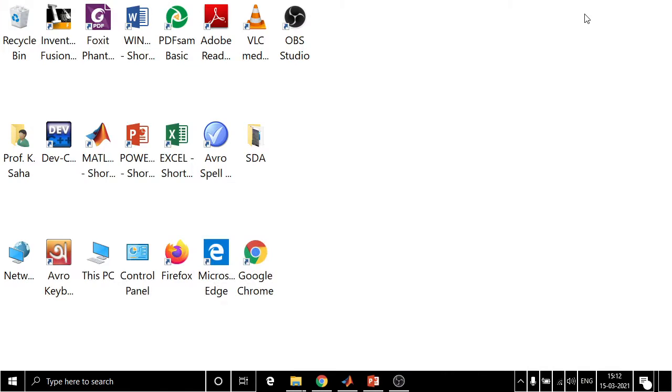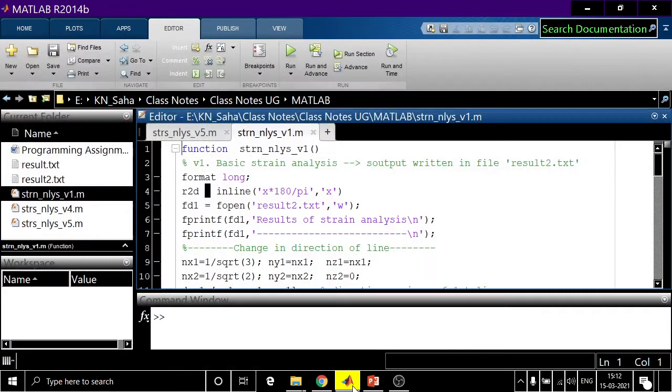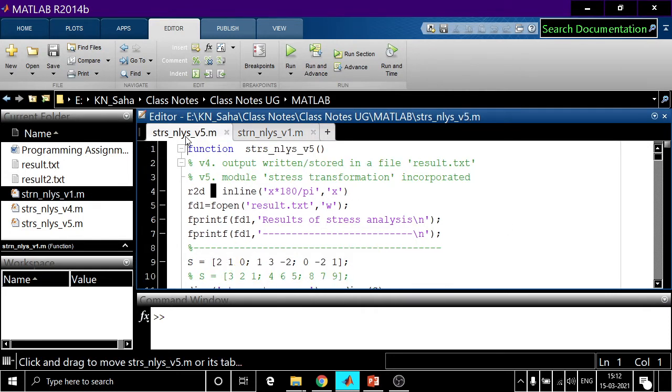So here this is the MATLAB window. Note last time we discussed up to version 5 of the stress analysis problem. So this was our code, version 5 of the stress analysis code, and we added a module for stress transformation.